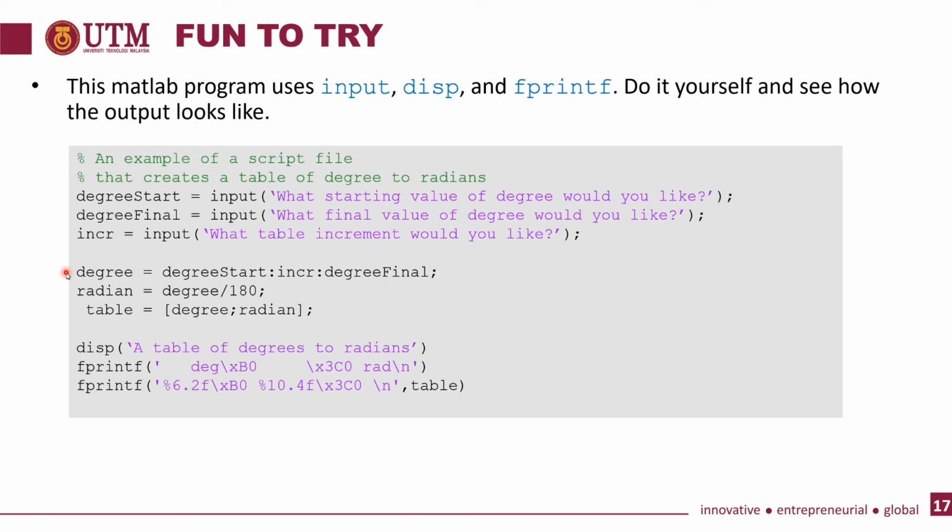This MATLAB program uses input, display, and Fprintf, so you can do it by yourself and see how the outputs look. I will give you the slide later and you can try to change some of the characteristics or the message here. It depends on you, so you can try and learn from this program.